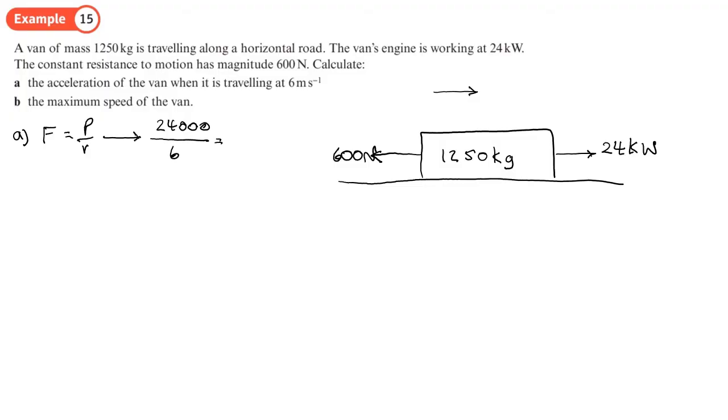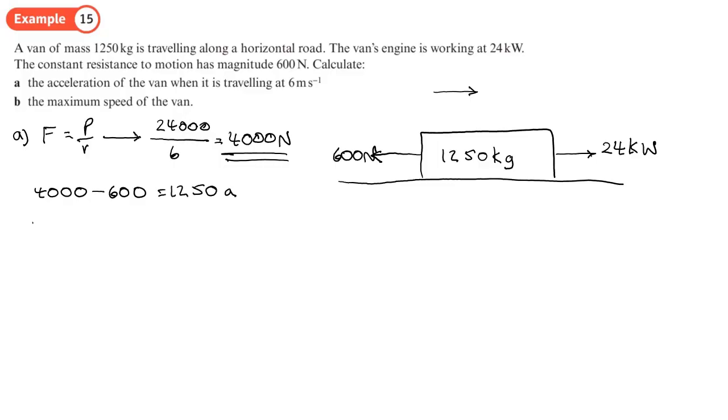So 24,000 divided by 6 is going to be 4,000. So the pulling force of the van is 4,000 newtons. Now we can use F equals ma. The resultant force is going to be the 4,000 pulling force minus the 600 resistance equals ma.